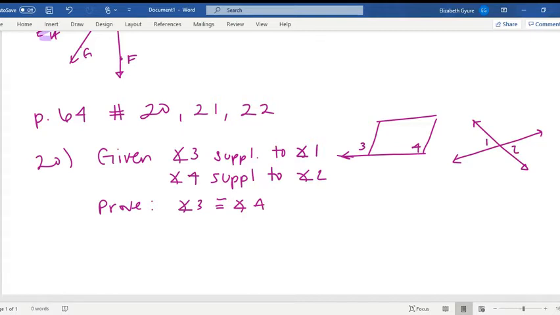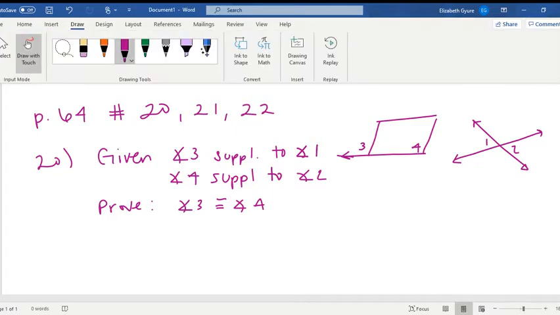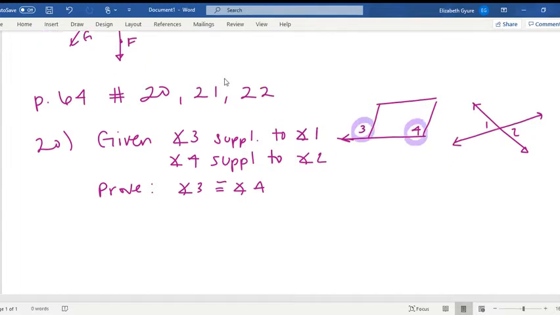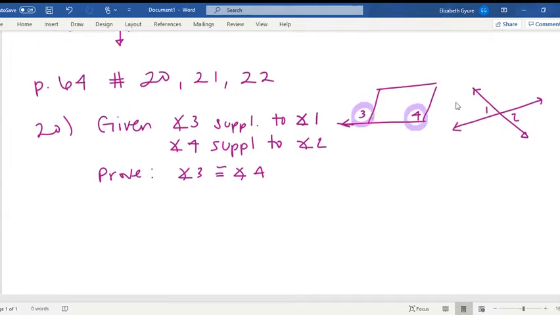That was obviously not an art major. So we want to prove that angle 3 is congruent to angle 4. And we are given that angle 3 is supplementary to angle 1, and angle 4 is supplementary to angle 2.